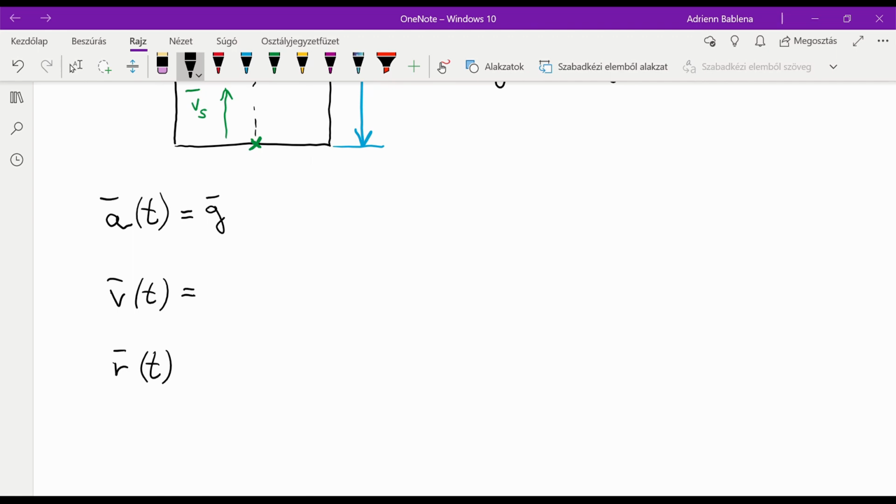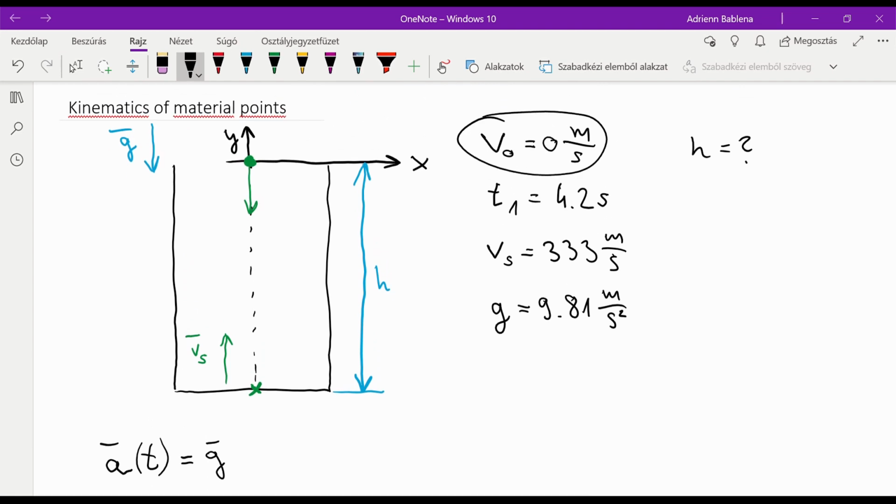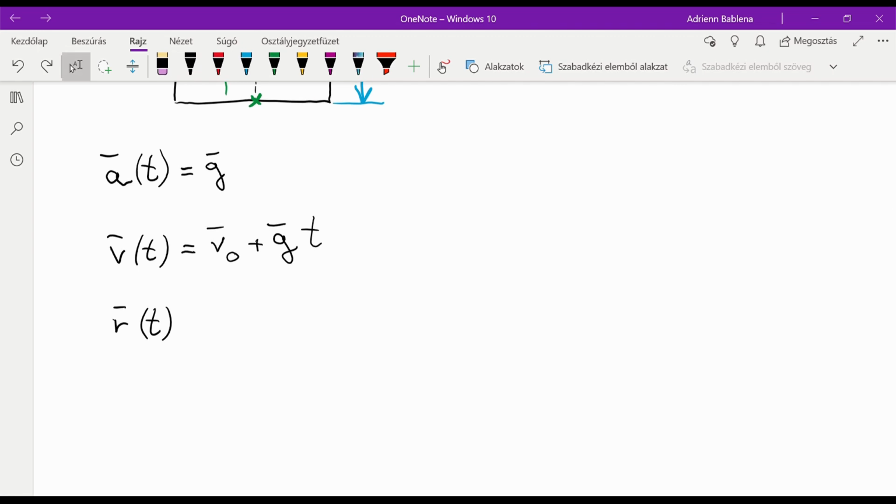In that case, our velocity is the integral of our acceleration, which is in general v0 vector plus g times t. Now we know that v0 is 0, so we can drop our v0. But in general, our v vector is v0 plus g times t.